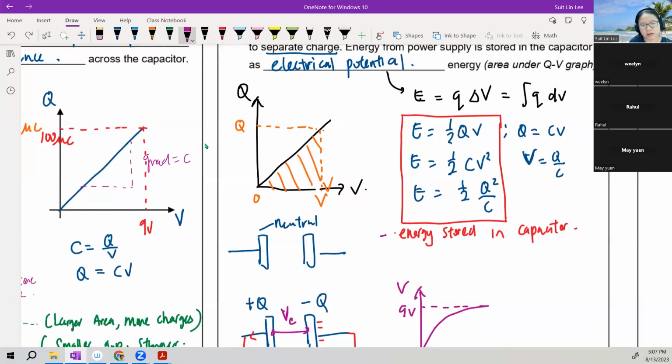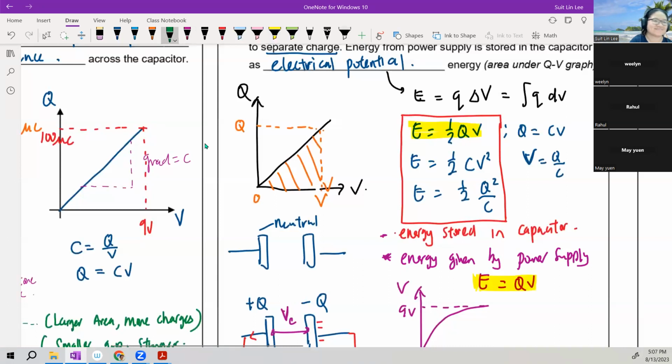Footnote that I'll write close by here would be the energy given by the power supply. This E is actually equal to QV. Notice that it is not the same as the energy stored. Then where is the lost energy? Well, dissipated as heat.